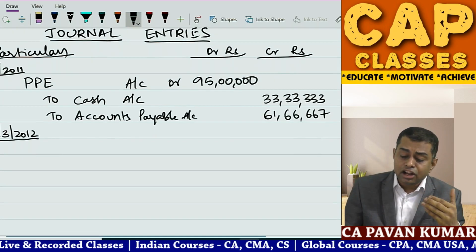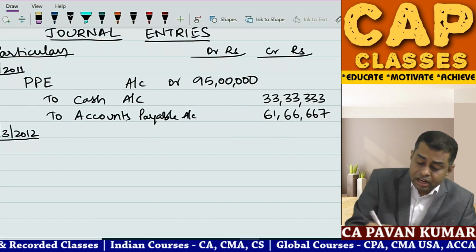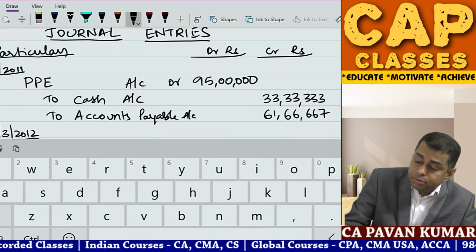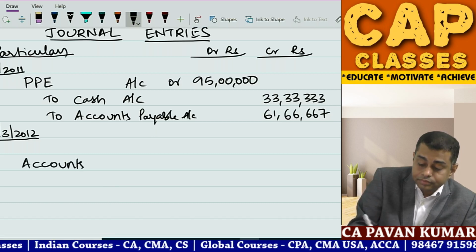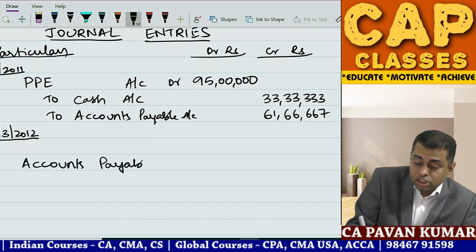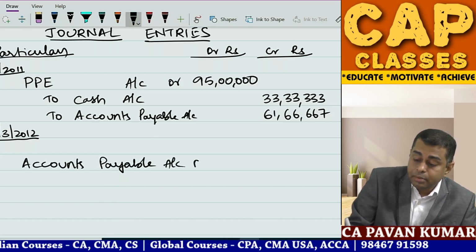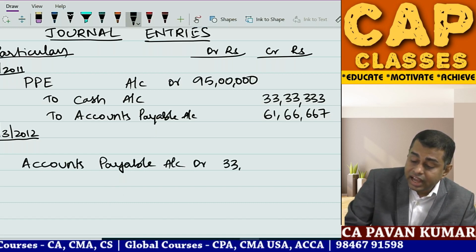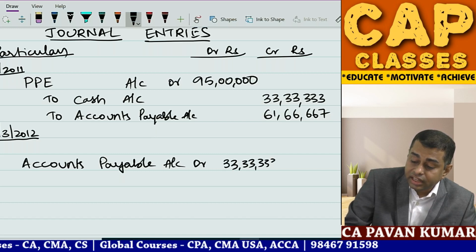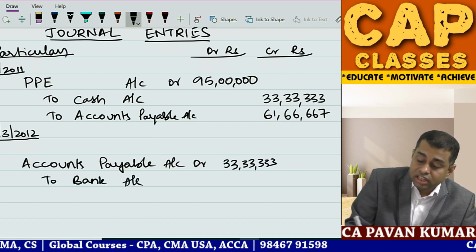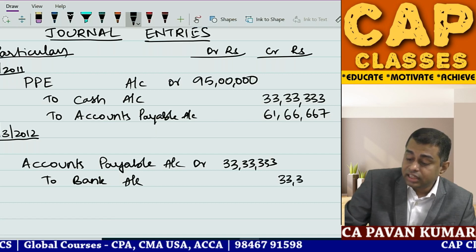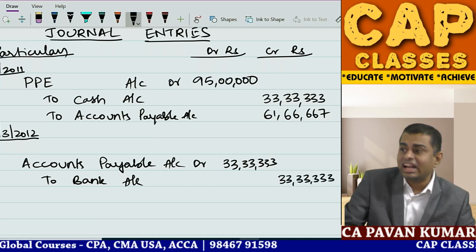So at the end of the year, when I'm making payment, can I write accounts payable debit 33,33,333 to bank account 33,33,333? So can I write this journal entry?